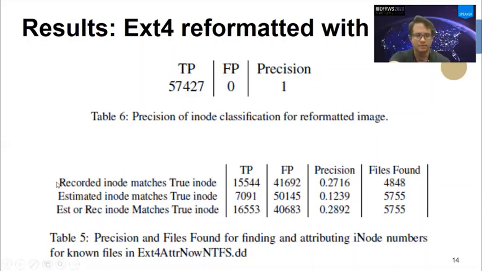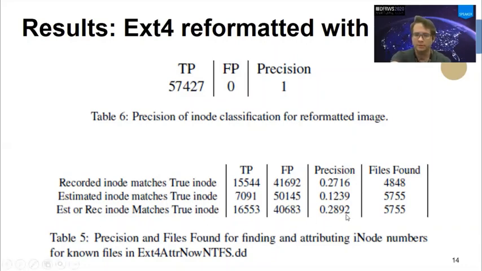There are these two different methods here, and the bottom row is essentially ORing the results from both of these methods. So if one of the methods were correct, then we would say we found a correct attribution of the file name inode number pair to the inode.